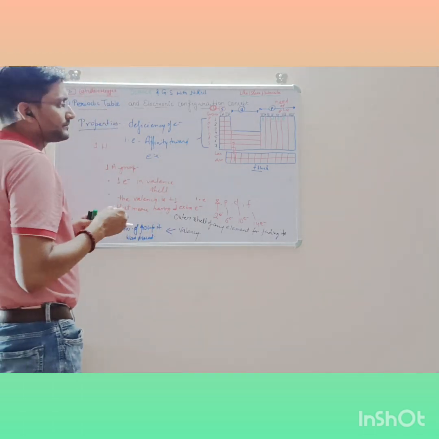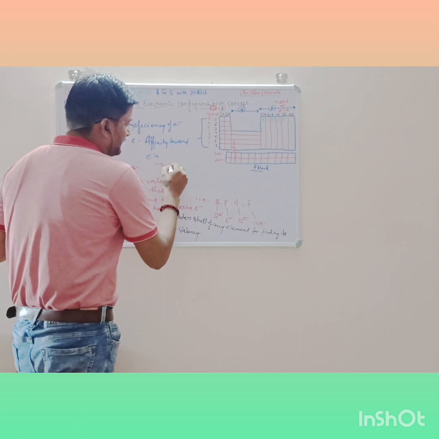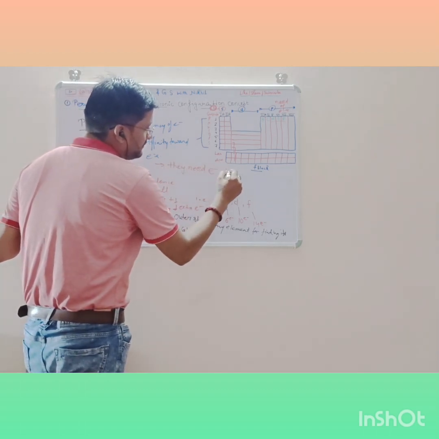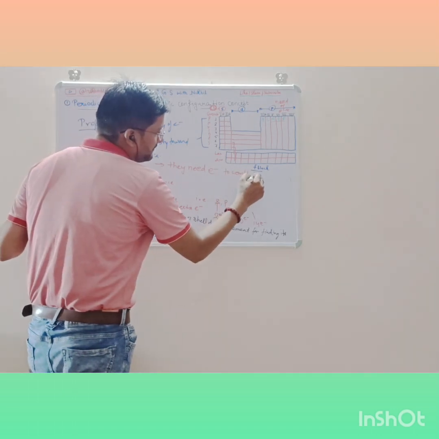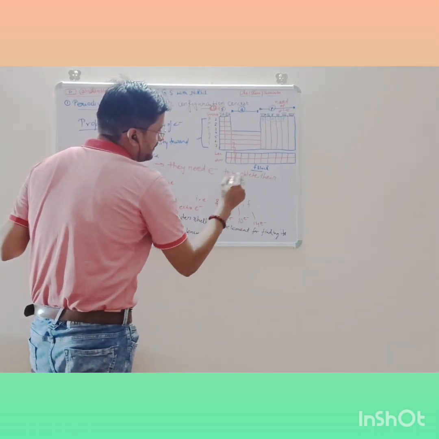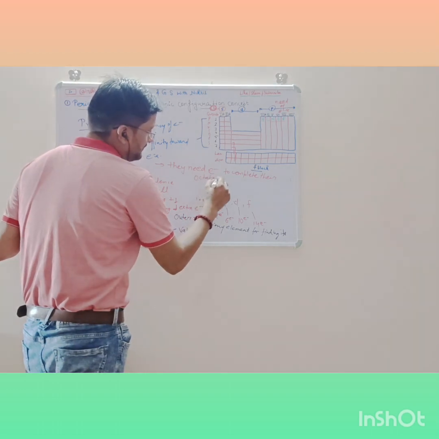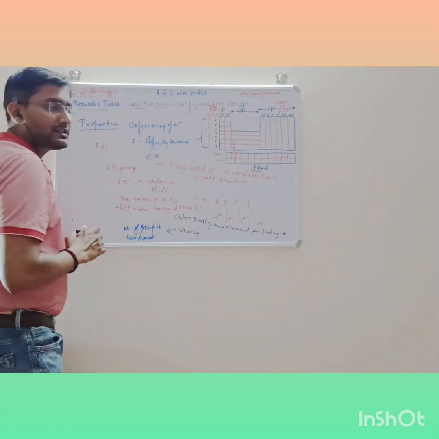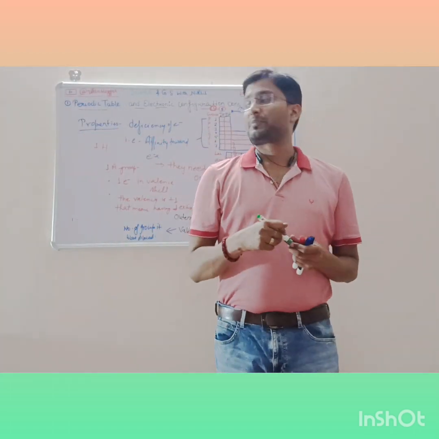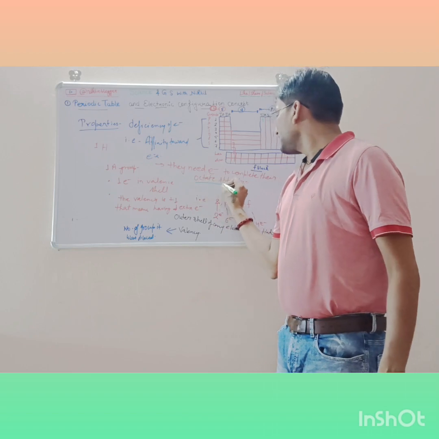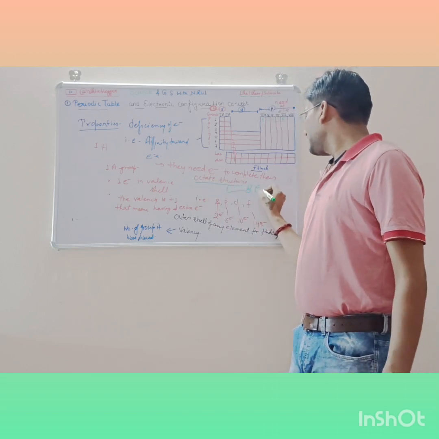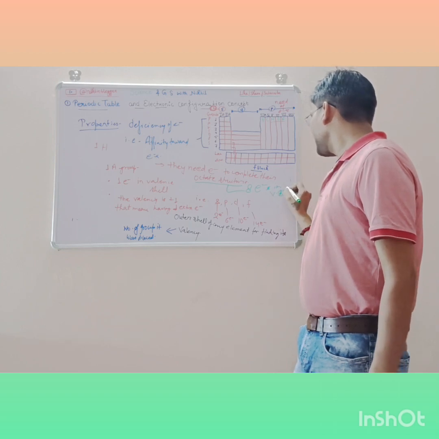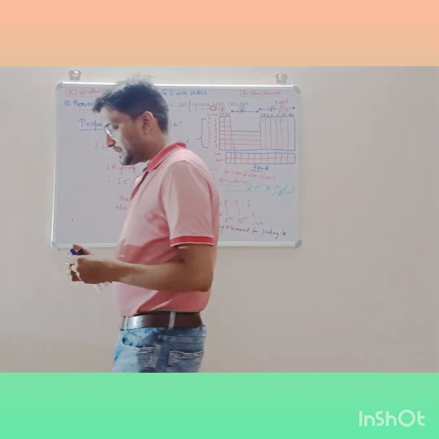It also means they need electrons to complete their octet structure. And when we are talking about octet structure, that means there must be presence of 8 electrons in valence shell, right? This is the meaning of octet structure.